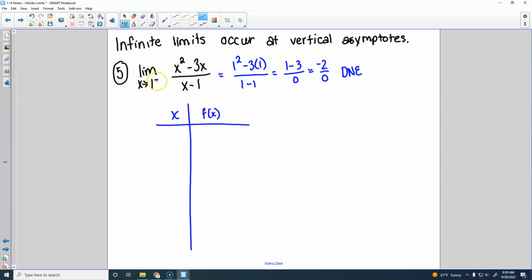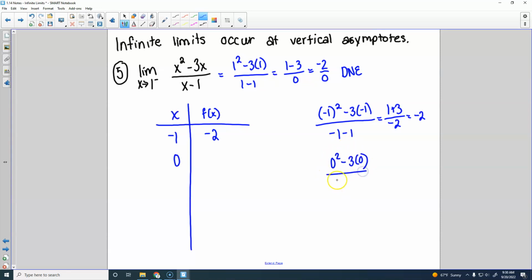So we are approaching 1 from the left. So we need numbers less than 1. I'm going to start with maybe like negative 1. So negative 1 squared minus 3 times negative 1 over negative 1 minus 1 is going to be 1 plus 3 over negative 2, which is negative 2. I'm going to plug in 0. 0 squared minus 3 times 0 over 0 minus 1 will give me 0 over negative 1.